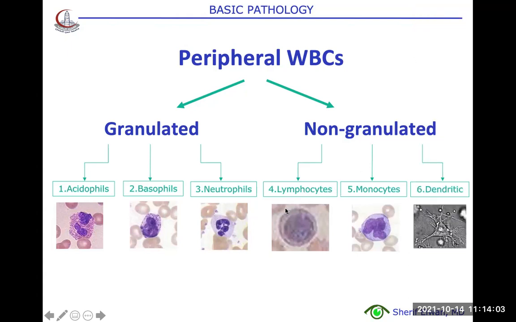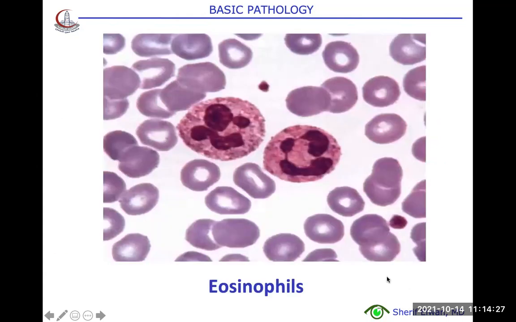The lymphocytes are characterized by having a very big nucleus and scanty rim of cytoplasm around. Monocytes have a pleomorphic nucleus with basophilic non-granulated cytoplasm, and dendritic cells don't take the regular stains, but require a silver stain.